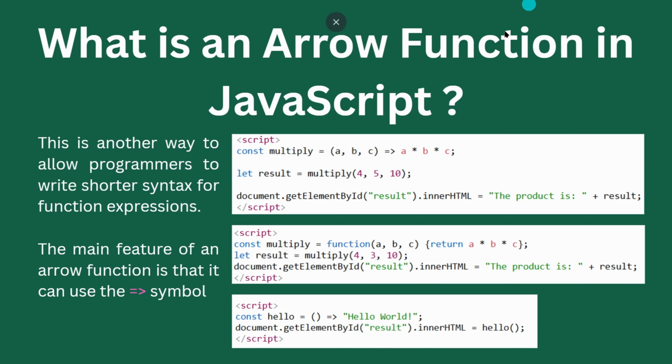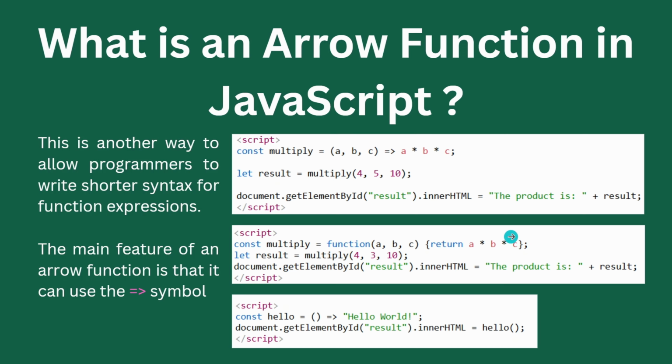The first one is a simple function to multiply three input parameters. You start by making a variable with const type and assign it parentheses that contain three input parameters, and the equals greater than symbol means return value, where the value returned is the multiplication of A, B, and C.